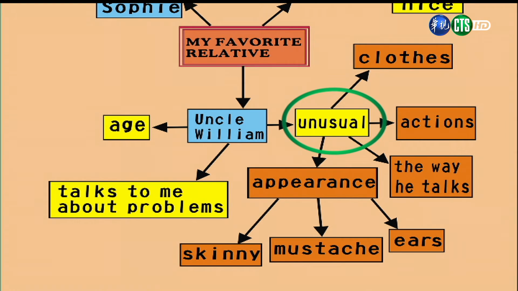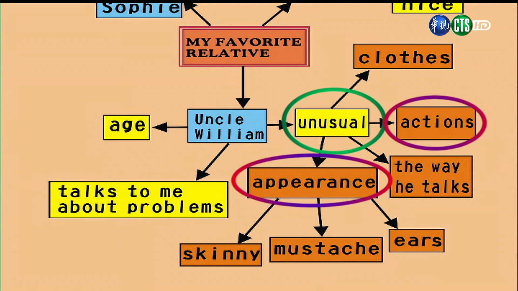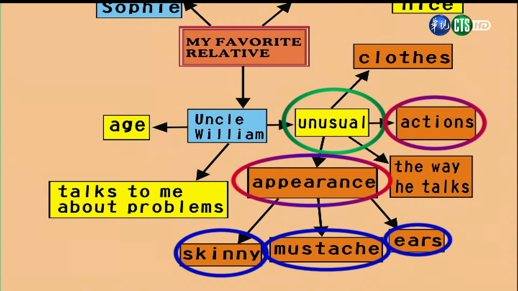And the word web also shows us that Uncle William's unusual characteristics are mostly associated with his appearance and with his actions.